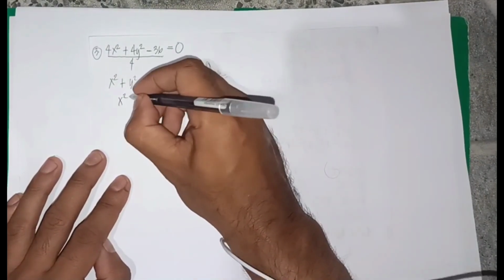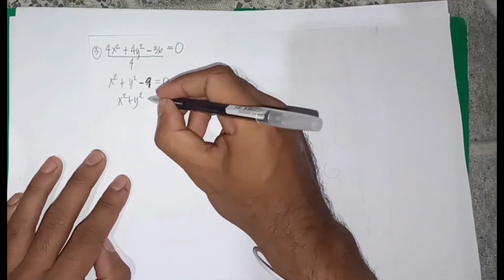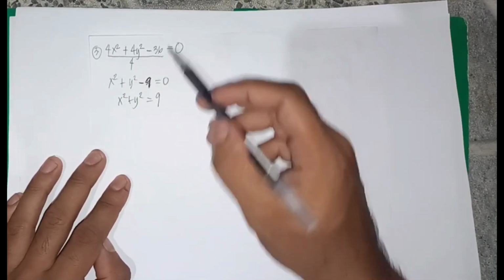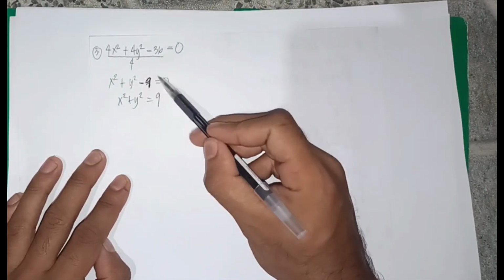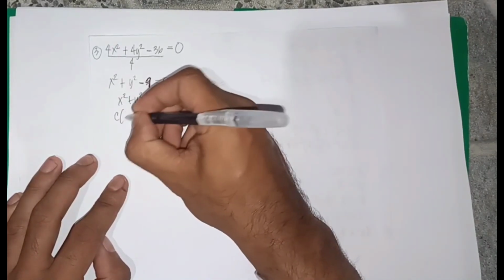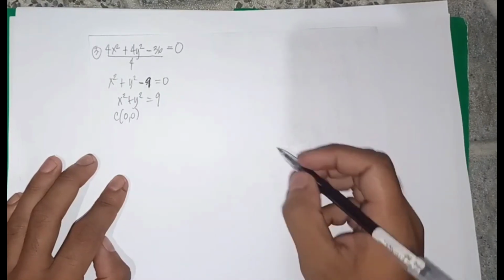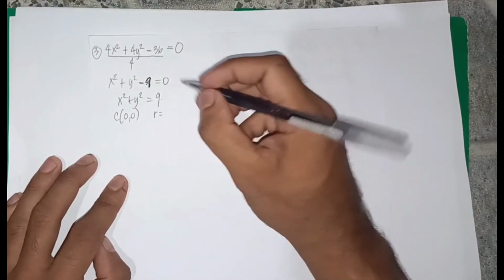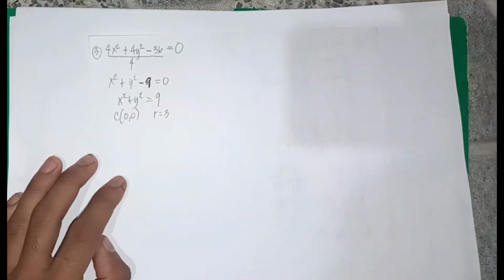So x squared plus y squared equals positive 9, because negative 9 will be transferred to the right side and it will become positive. So obviously our center here is at 0, 0, or at the origin. And our radius is the square root of 9, which is 3.